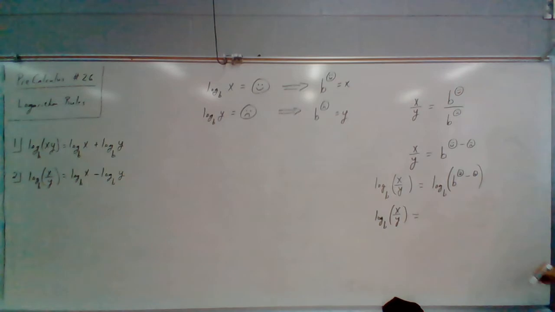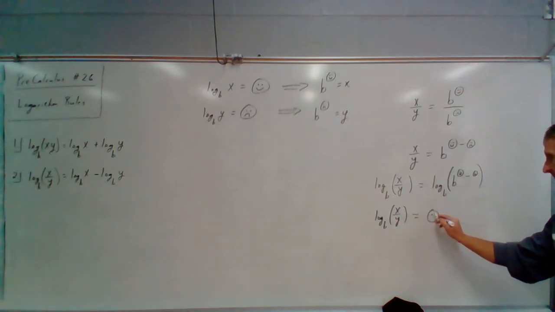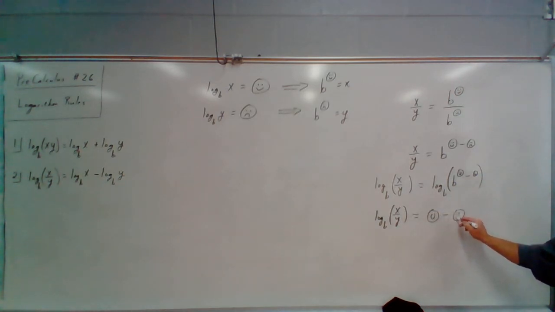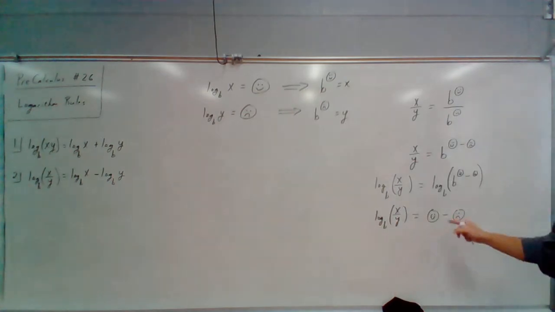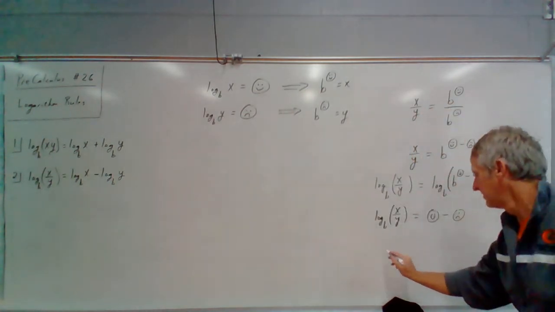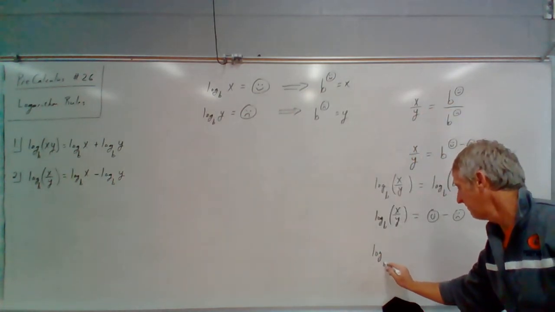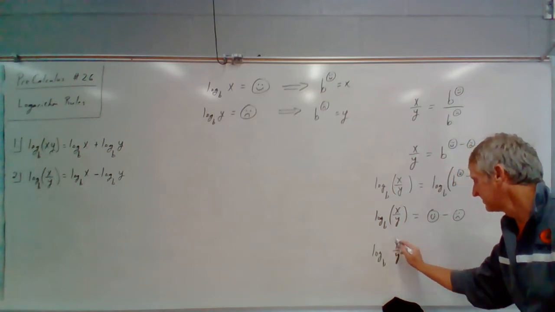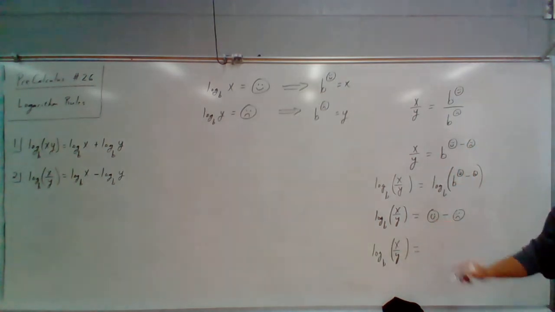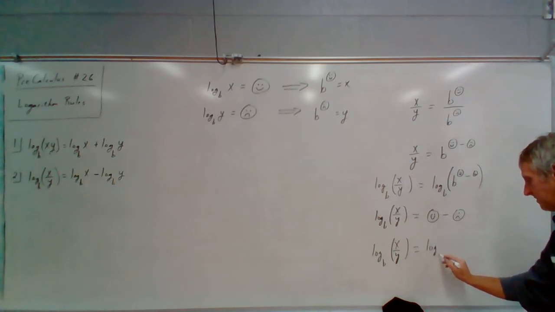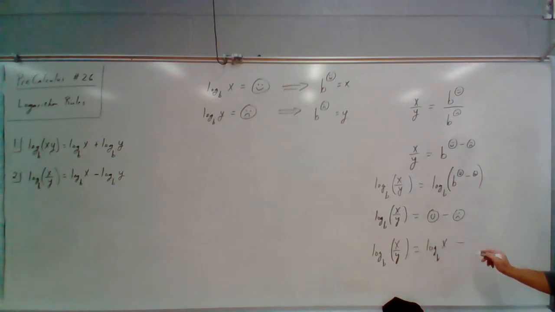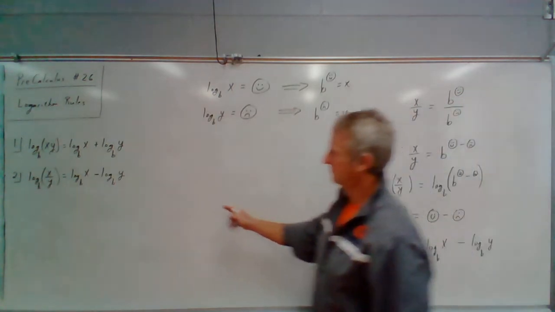Obviously that'll be smiley minus frowny. Well, what is smiley? Smiley is log base b of x, frowny is log base b of y. So finally I have log base b of x over y equals log base b of x minus log base b of y. And I've proven this rule.